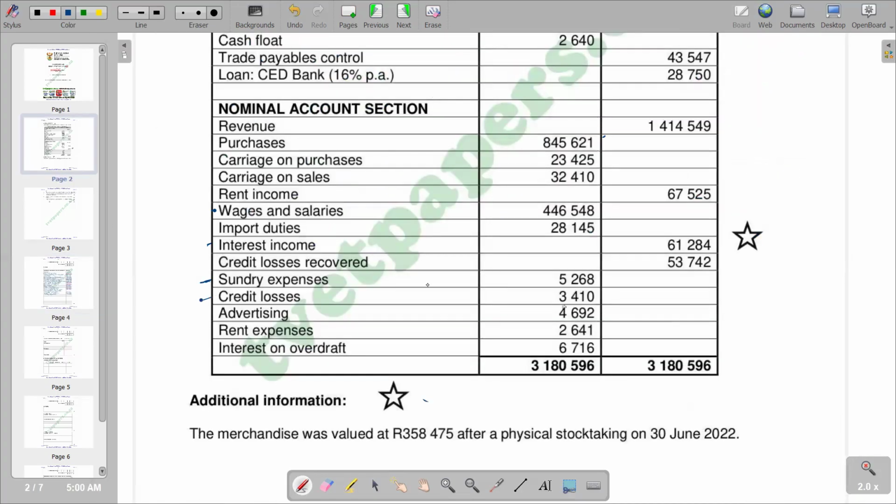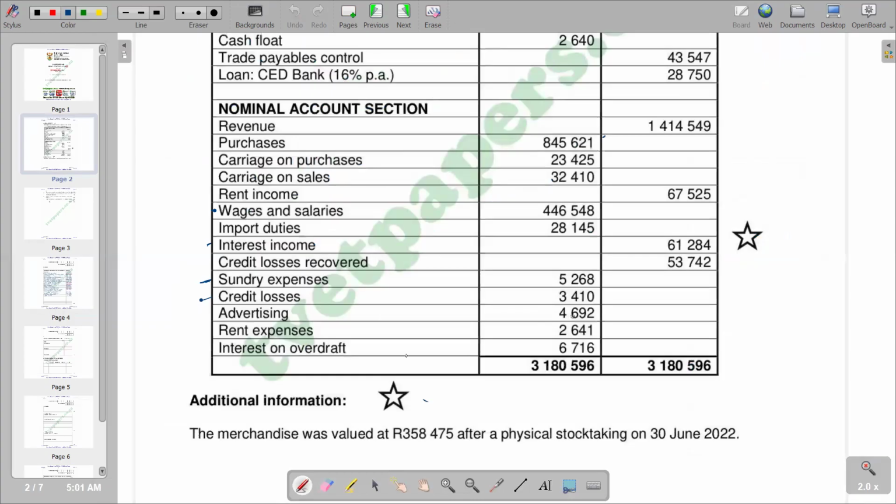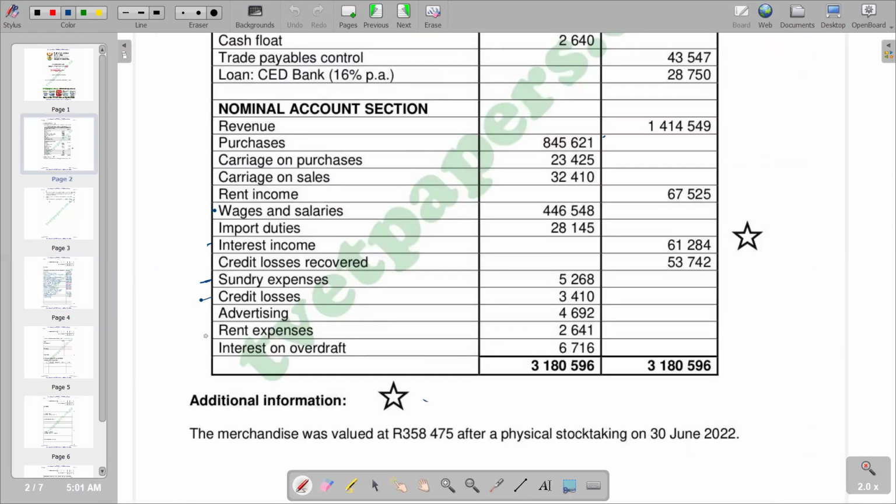Then we got credit loss, which is our bad debts, which is 3,410. And after our credit loss, we got advertising, 4,692. Then after that, we put rent expenses, which is 2,641.